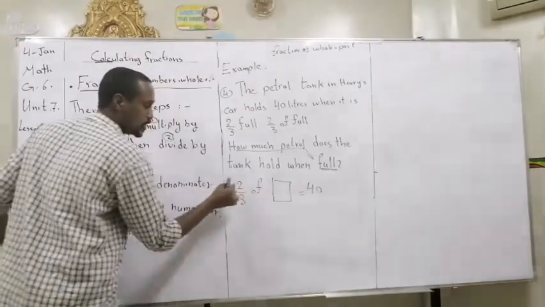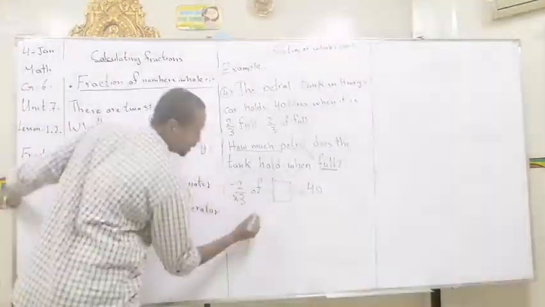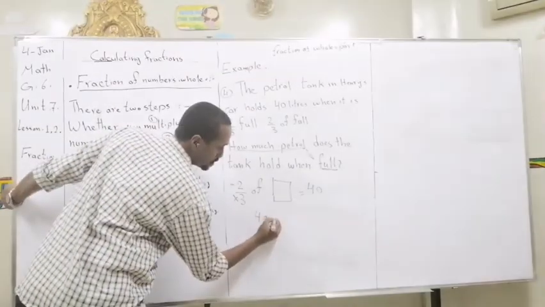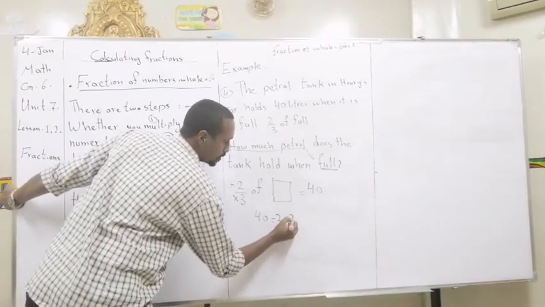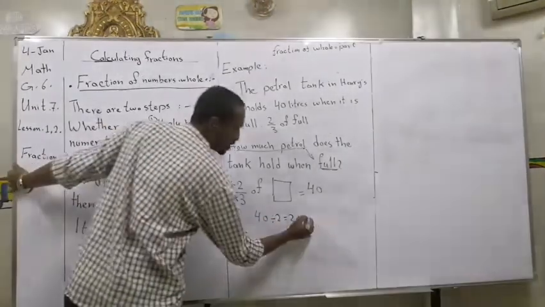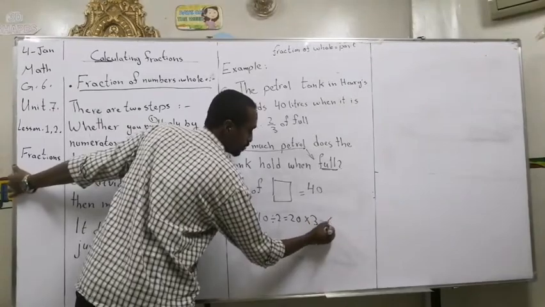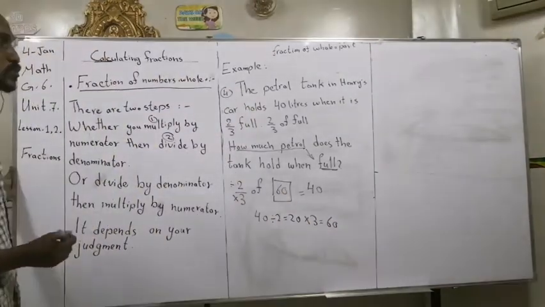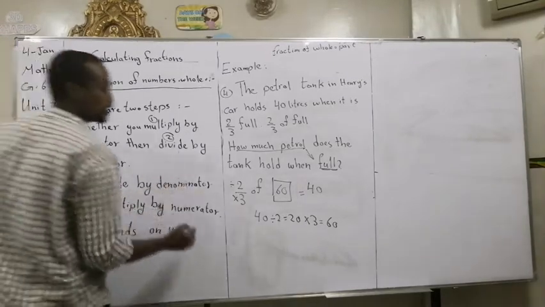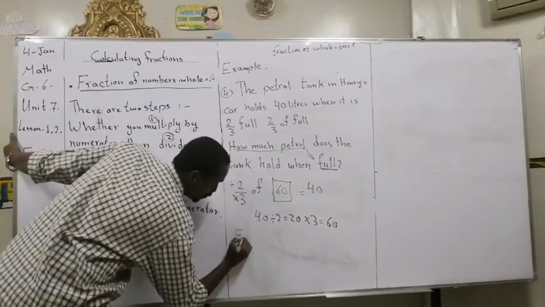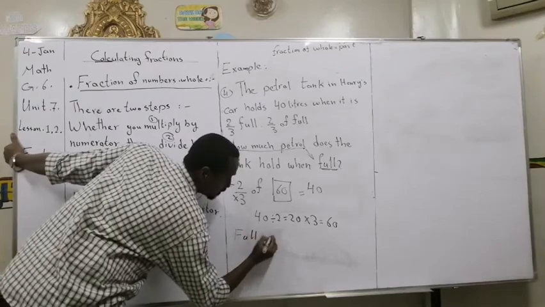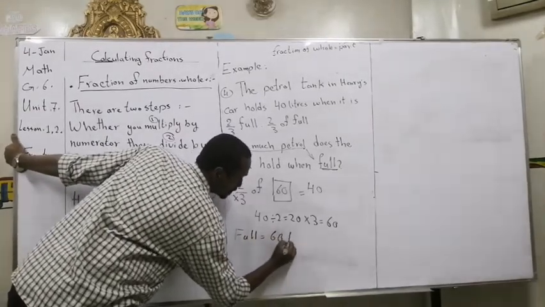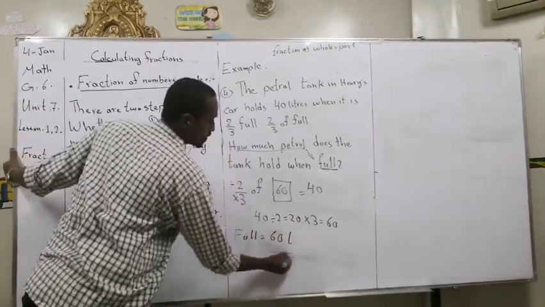So it's easier here to divide then multiply. 40 divided by 2 equals 20, then multiplied by 3 equals what? Equals 60. That means the tank when it's full will equal what? 60 what? 60 liters.